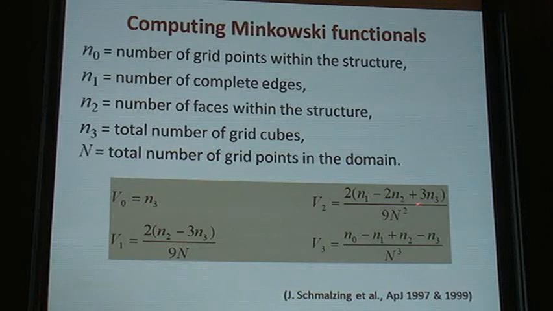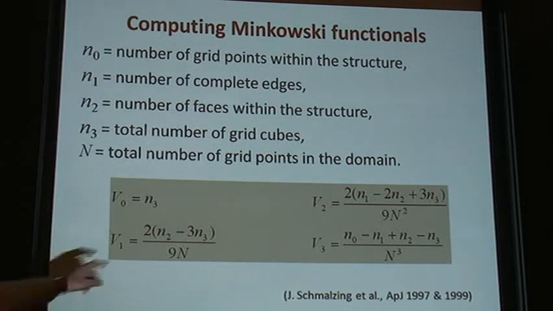To calculate the surface area, you can just calculate N2, the number of complete faces within the volume. So V1 is the surface. N2 is the number of faces, minus the number of complete grid cubes, divided by the total number of grid points in the domain.